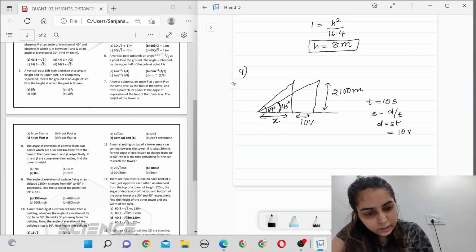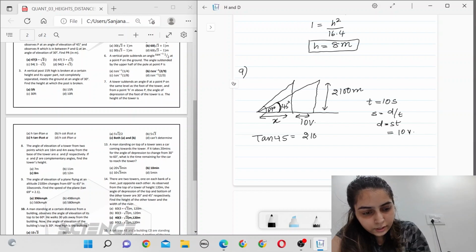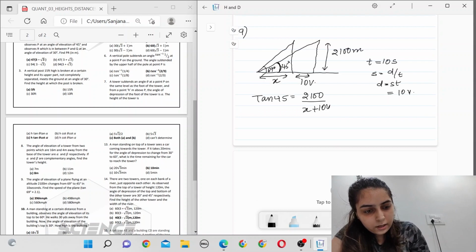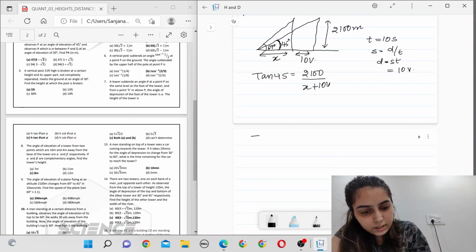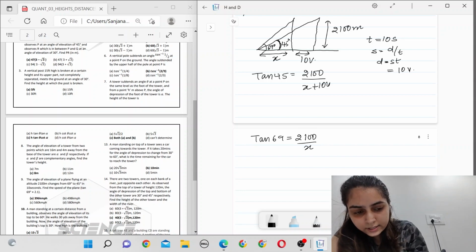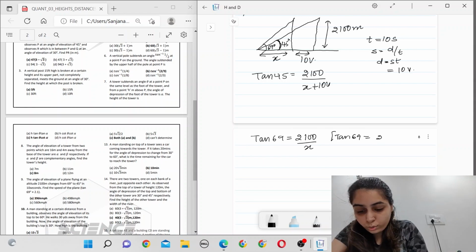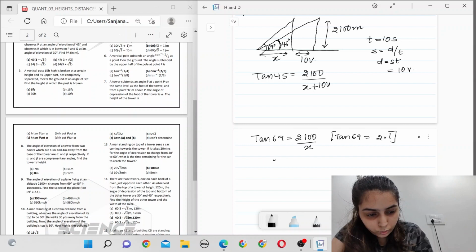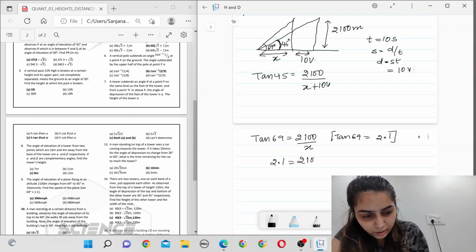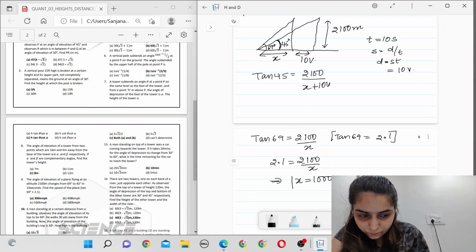So if we apply tan 45 is equal to 2100 by x plus 10v, and tan 69 is equal to 2100 by x. They have given us that tan 69 is equal to 2.1. So 2.1 is equal to 2100 by x. That implies x is equal to 1000.